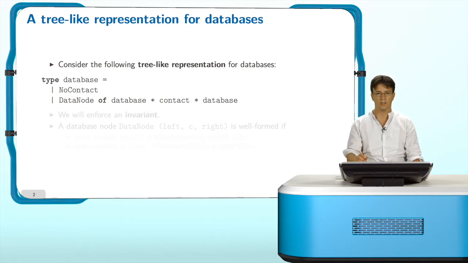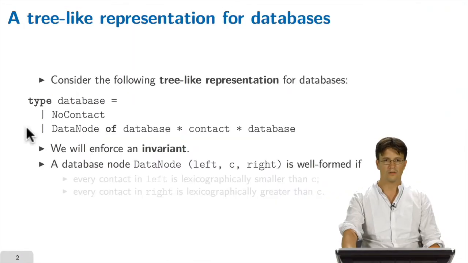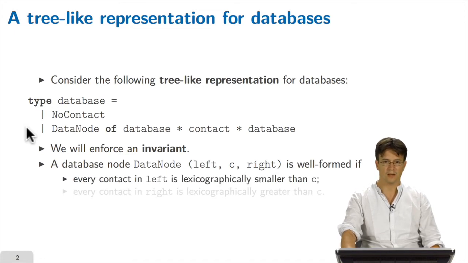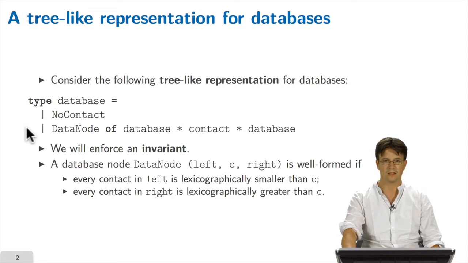So this is really a tree-like representation of a database, but we will also enforce an invariant in that data structure: if you have some data node with a left child left, a contact C, and a right child right, it is well formed if every contact in left is lexicographically smaller than C, and every contact in right is lexicographically greater than C.